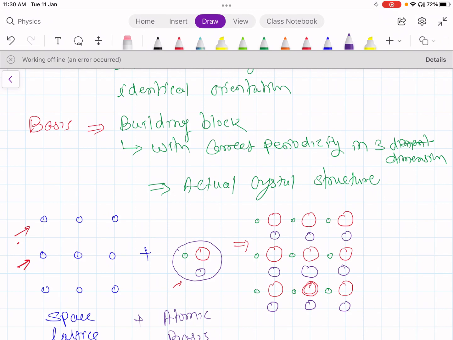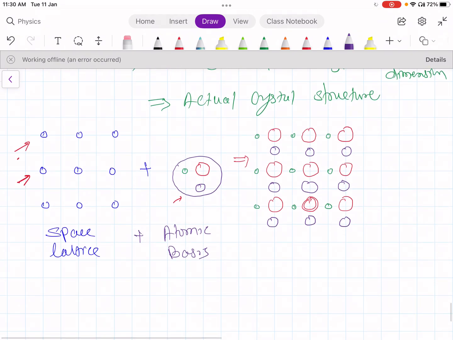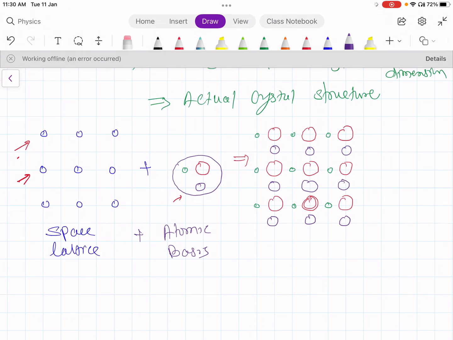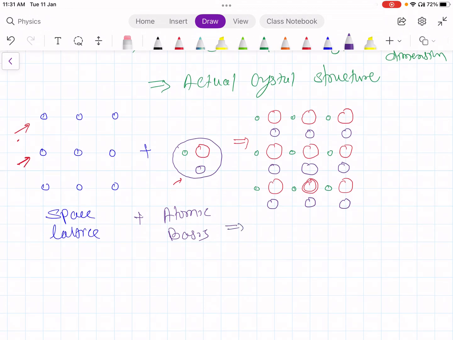We have stamped every lattice point with the atomic basis with correct symmetry, composition, arrangement, and orientation. Then this gives us the actual crystal structure. So we have related the imaginary concept to the real structure of the crystal. That is the atomic basis.